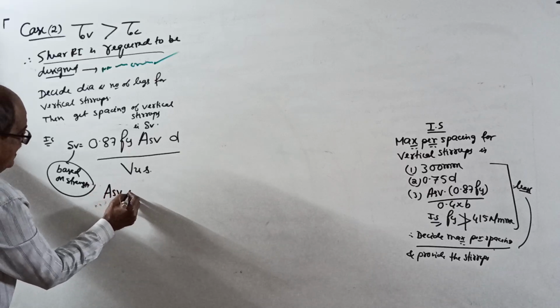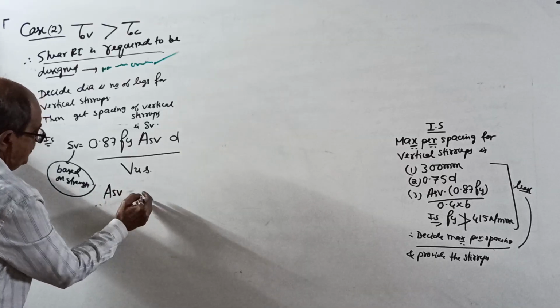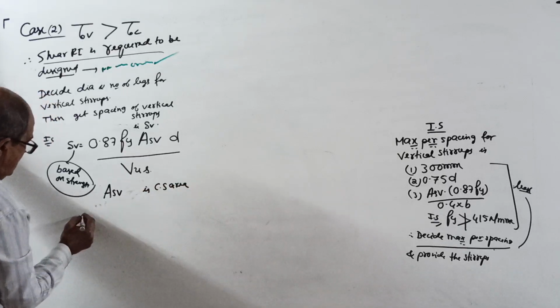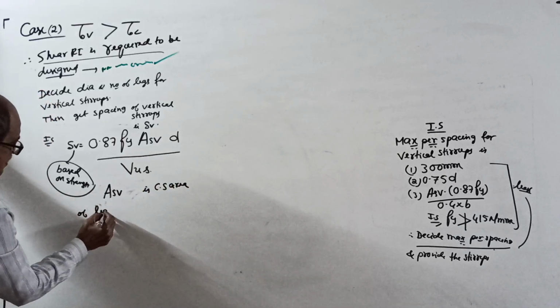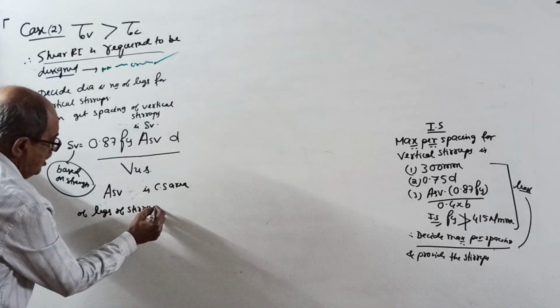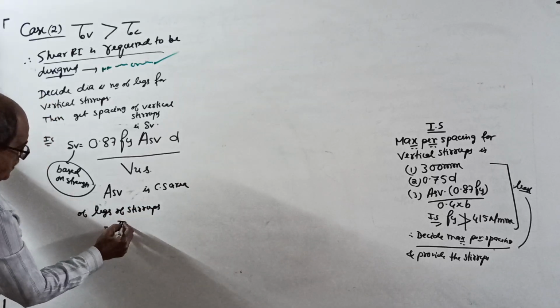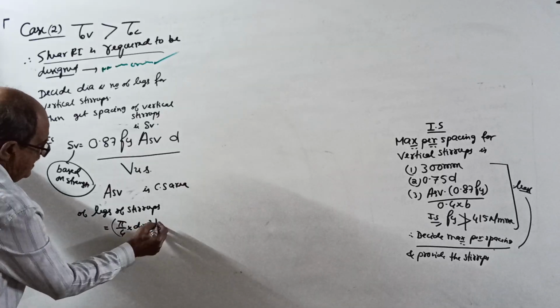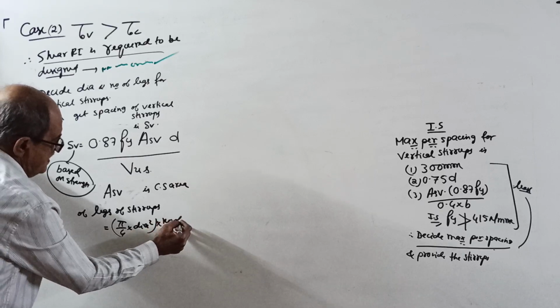ASV is the cross-sectional area of legs of the stirrups. I am giving the full procedure: equal to 5/4 of diameter square into number of legs.